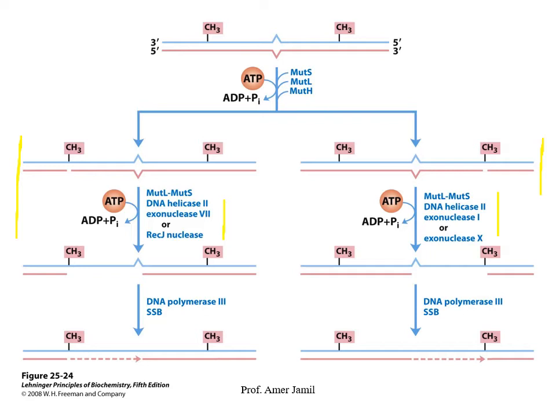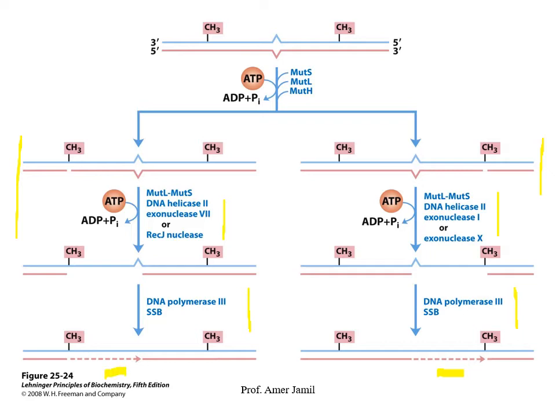Again, ATP dependence. So here a whole chunk of DNA is removed. In either case, DNA polymerase 3 along with single strand binding proteins completes this strand, whether this one or this one.